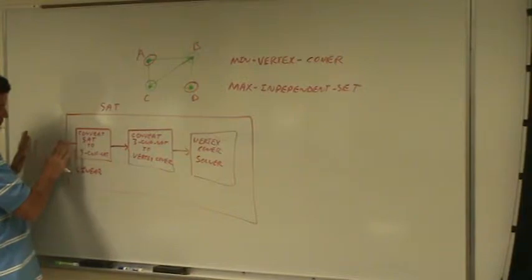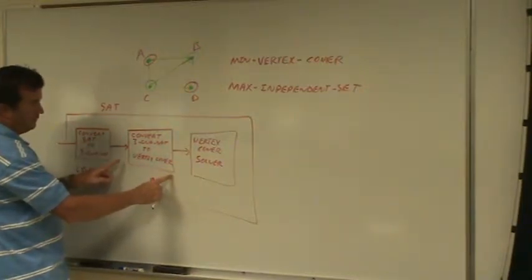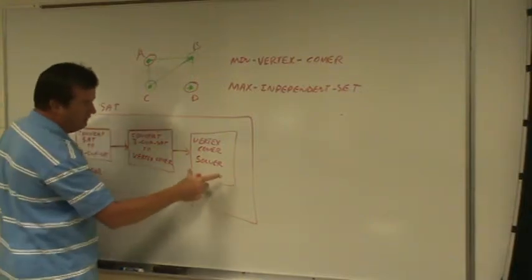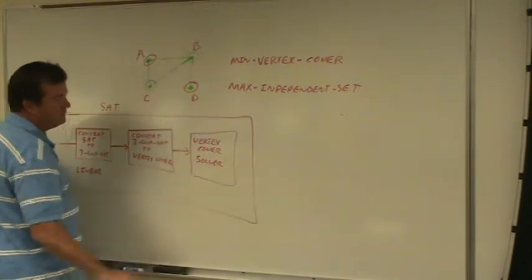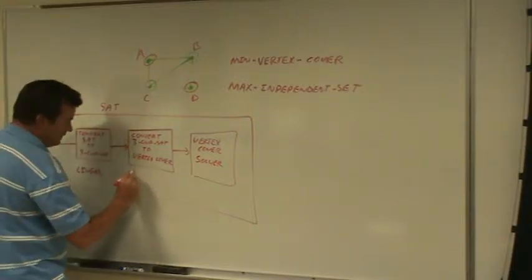So we take a random circuit, convert it into its equivalent three conjunctive normal form circuit, then convert that into the corresponding graph, and then feed it into something that can solve the vertex cover problem. This takes linear time, this takes linear time.